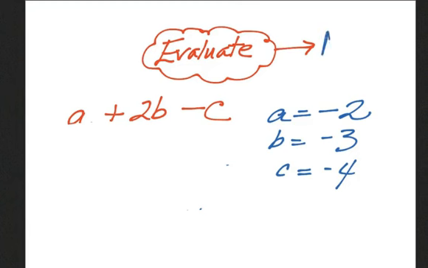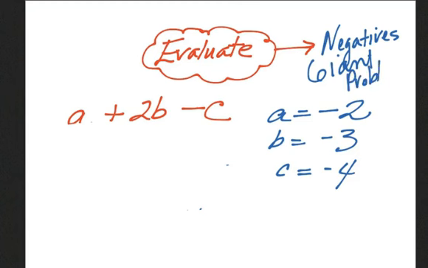Okay, negatives are a giant problem in Algebra 2, and I'm talking giant problem in Algebra 2. You need to be very careful with negatives. So what we're going to do to help ourselves is we're going to use parentheses to help ourselves with negatives. So now let's substitute in.